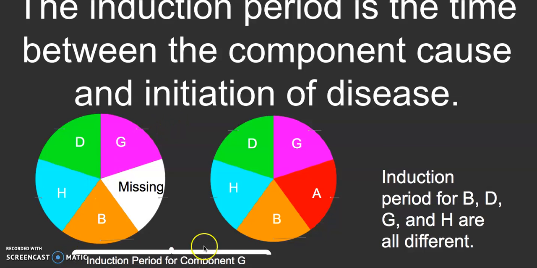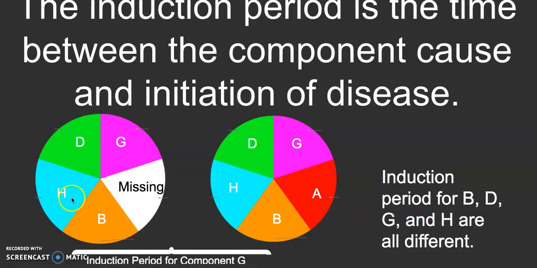There can be a 10-year induction period for component G. So it's 10 years between getting this degenerative back disease and finally having the missing component in this piece, be that he slips on the ice and falls. So the time between getting the degenerative back disease and breaking his back, partially because of the degenerative back disease, is 10 years.